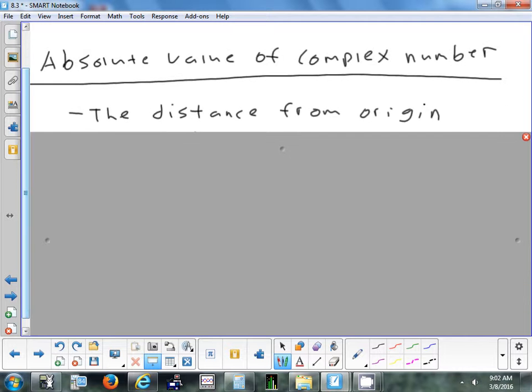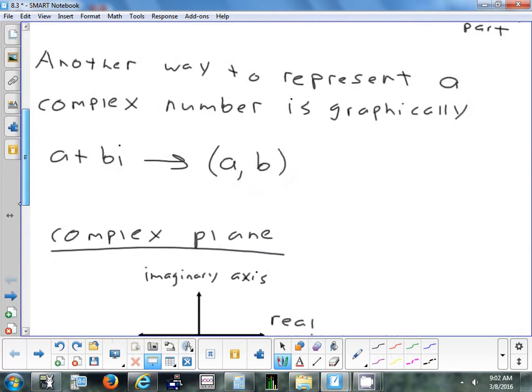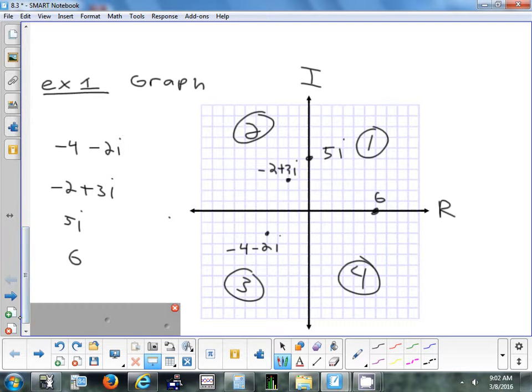All right, so I'm going to go back and take a look at the points we just graphed. Let's just pick this one in quadrant 3, -4 minus 2i. What shape could I make out of that would help me to find that length? Yeah, I can make a triangle out of it just by going like this.